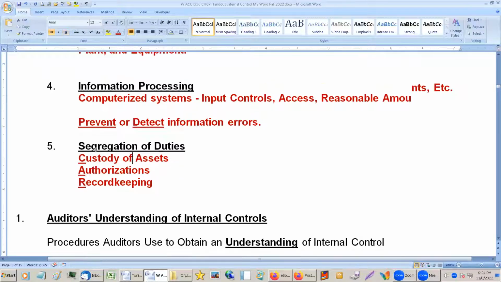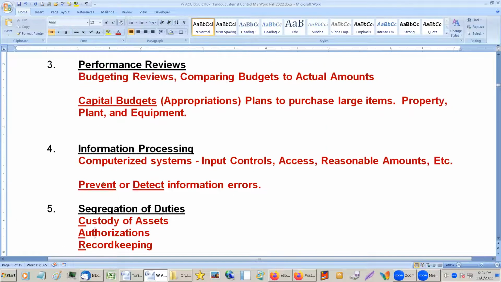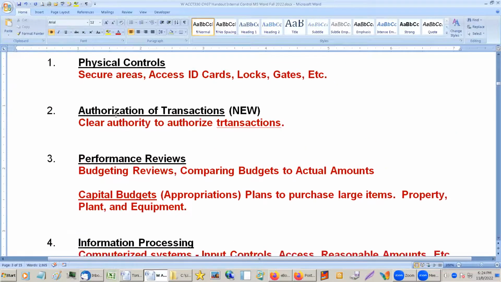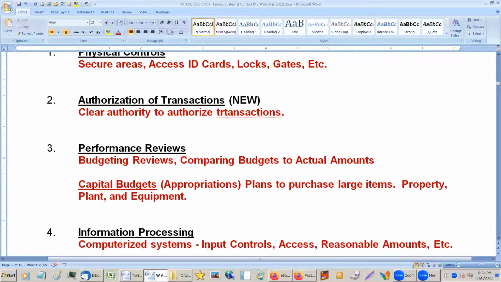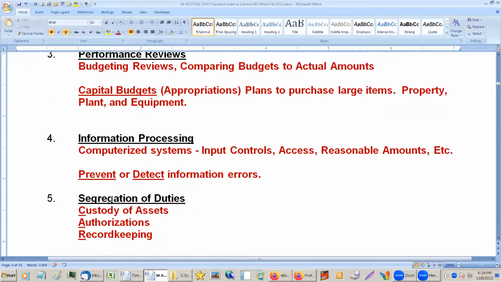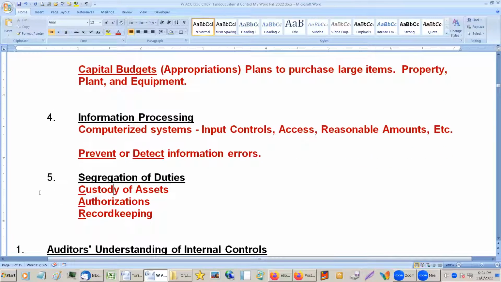And by the way, the segregation of duties, this does have implications up here. For instance, those people that have access to places that are physically controlled, they have access to the assets. And down here, the authorization, you don't want to have these two activities combined. Physical controls and authorization of transactions. Those are things you keep separated. They're control activities, but they are kept separated.